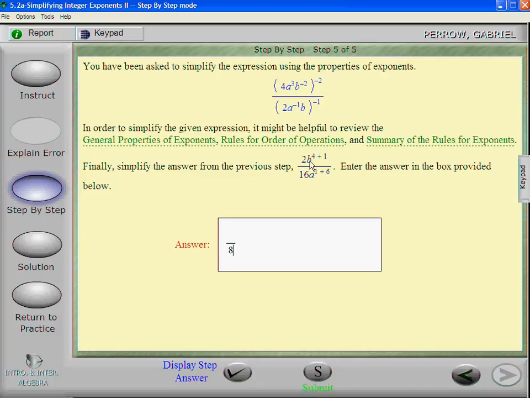We end up with b to the 4 plus 1, or b to the 5th on top. If there was nothing else, then you'd have to write the 1. But we can say b to the 5th over 8, and then a to the 1 plus 6 is a to the 7th. b to the 5th over 8, a to the 7th.